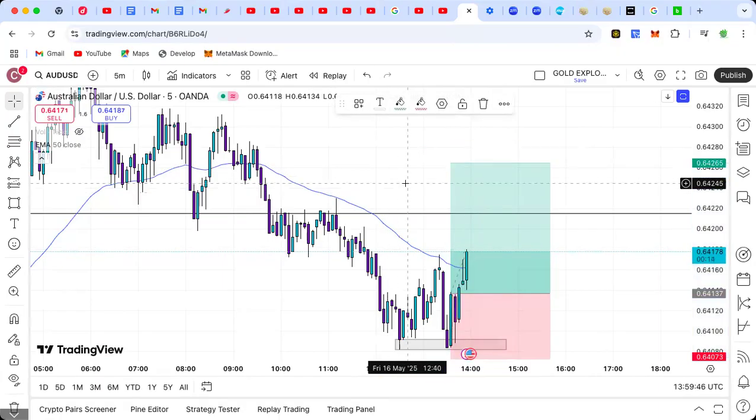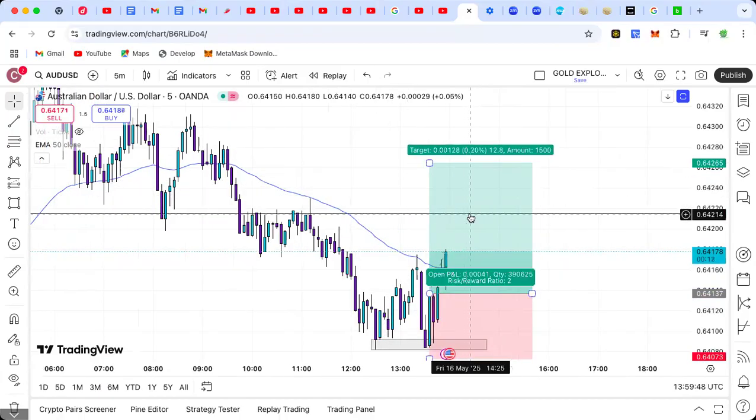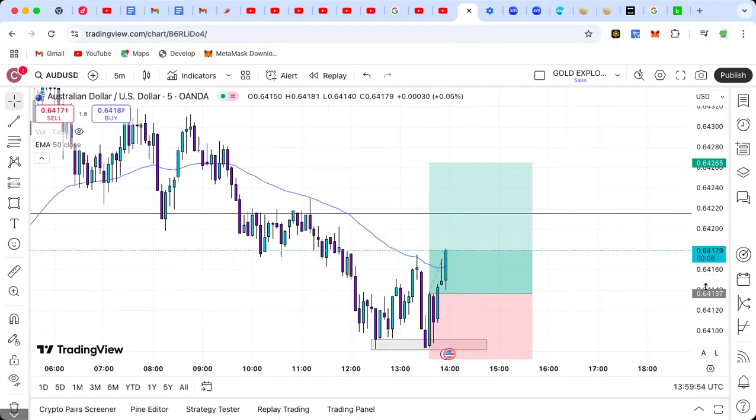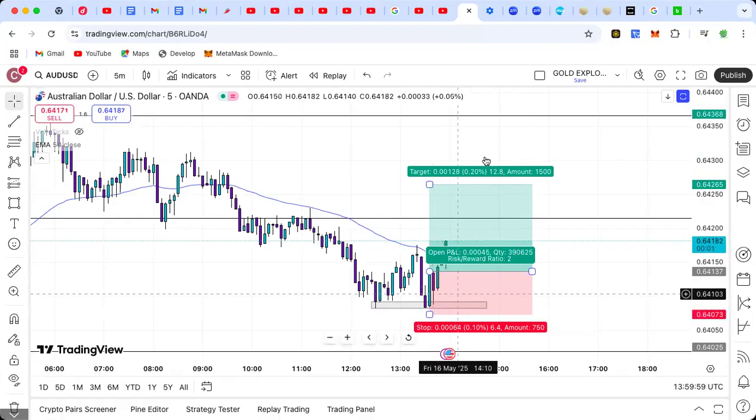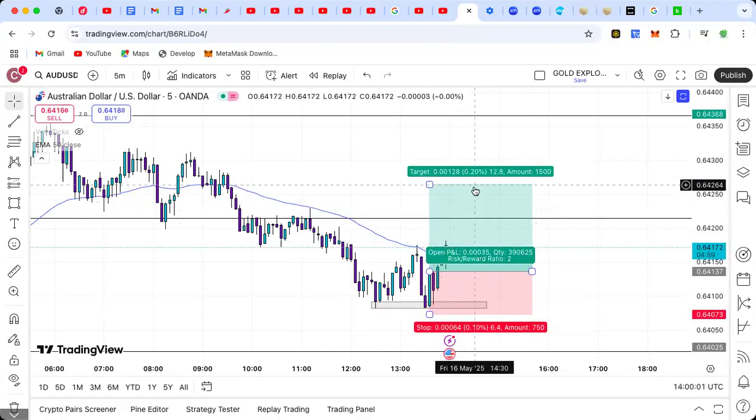That's where you are targeting your take profit. It's about 12 pips, so you lose 6 pips to collect 12 pips. Can you see? I'm going to make 12 point something pips to lose about 6 point something pips.